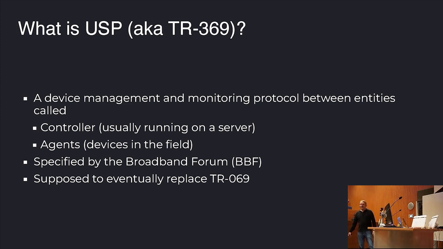So basically, you have two entities in your system. One is the controller, which is also what we call the server, or in TR-069 terminology, the ACS. And of course, we have the devices that we actually want to manage in the field. Those are called agents in that terminology. And in TR-069, you might also refer to them as CPEs, so customer premises equipment.